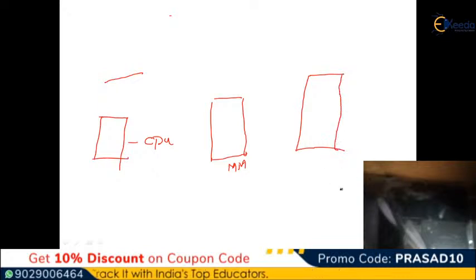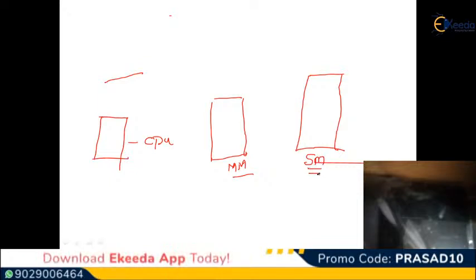Let me tell you that this is main memory and this is secondary memory. The difference is that the CPU will communicate with the main memory directly, but the CPU cannot communicate with the secondary memory directly.